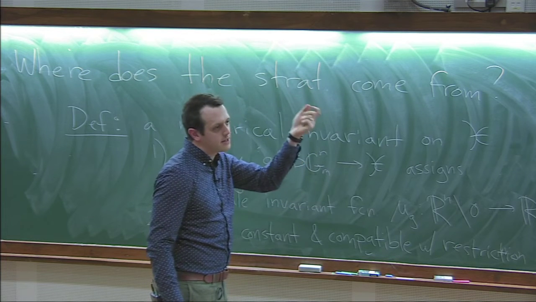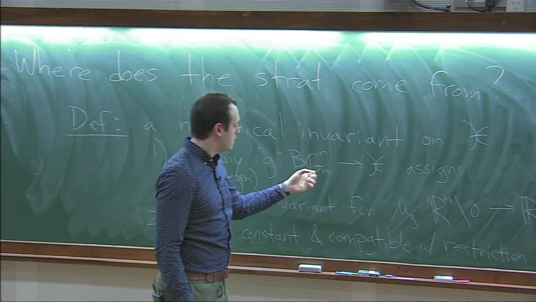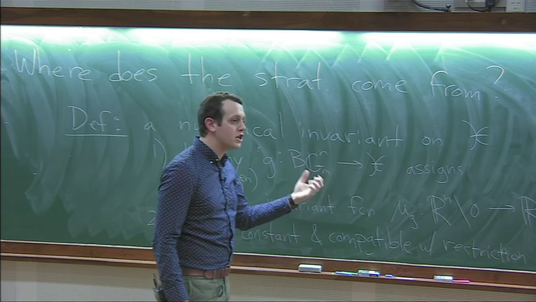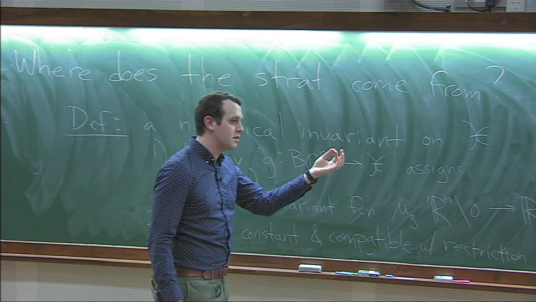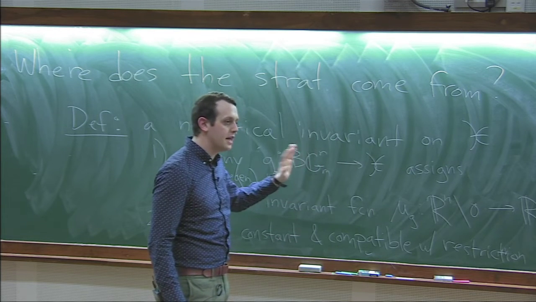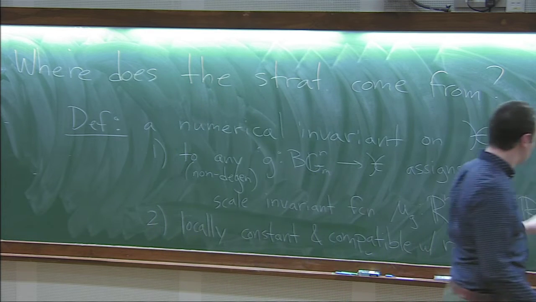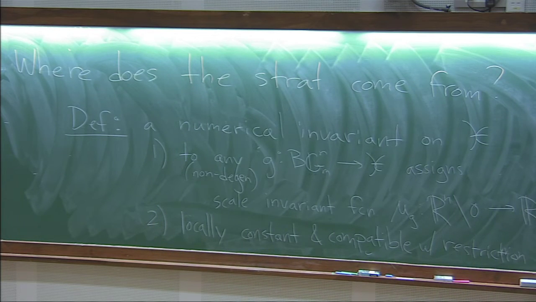You can think of this as literally a function which assigns, if you take BG_m to X, for every graded object, you get a number, which you just get by evaluating the function at the point 1 or any other positive point. So this really gives you a function on the set of graded objects that's locally constant in algebraic families.